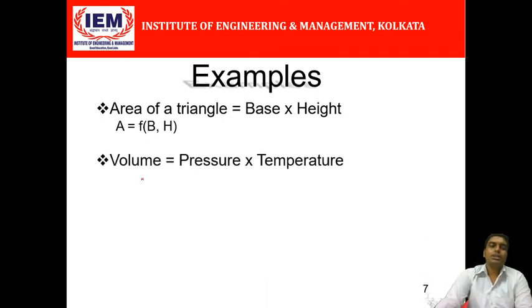Another one: volume is a function of pressure and temperature. If I write in terms of function, V denotes volume, and V equal to a function of P and T, so P and T are two independent variables and V is the dependent variable. This is another example of a multivariable function.